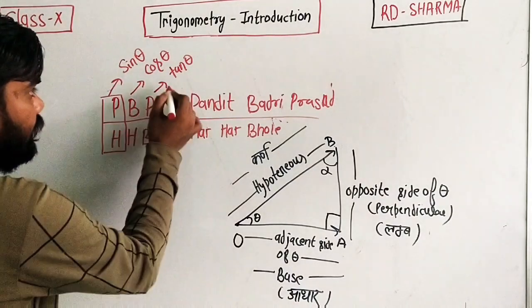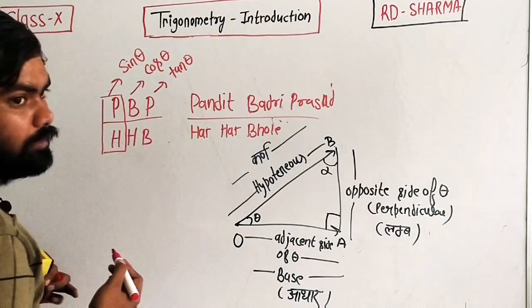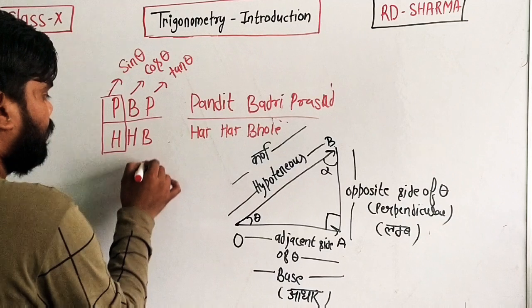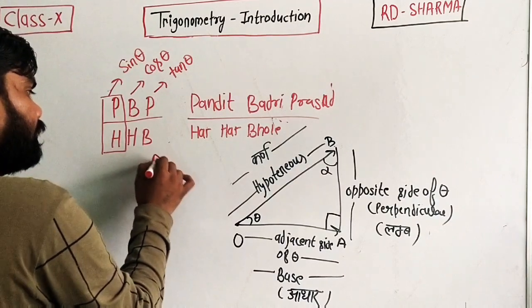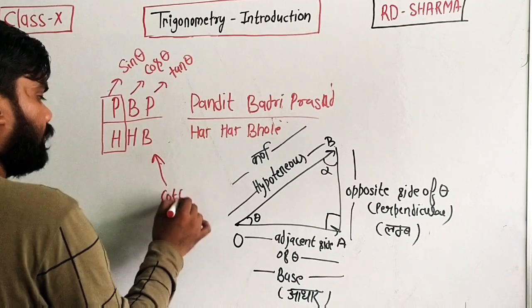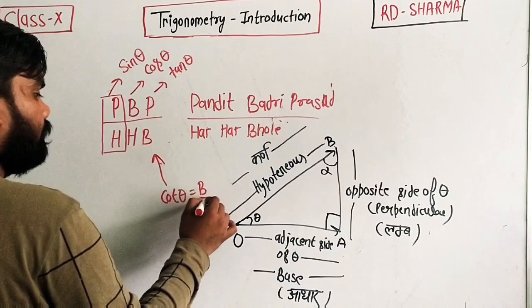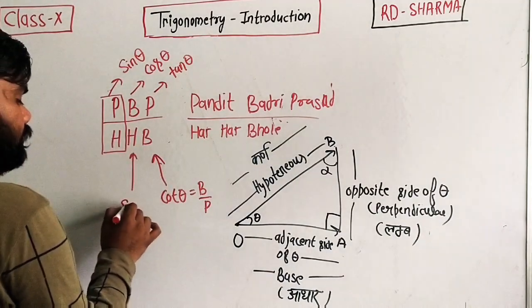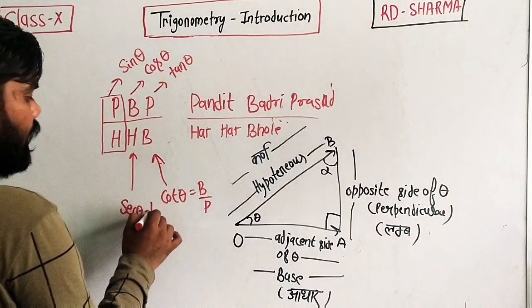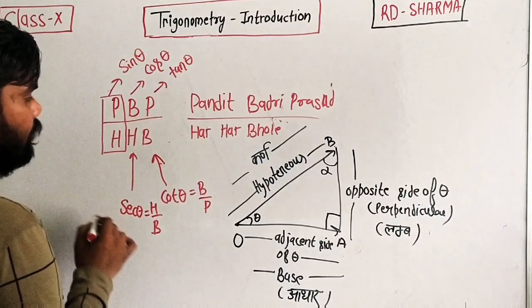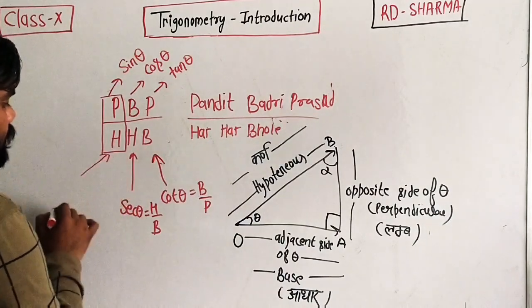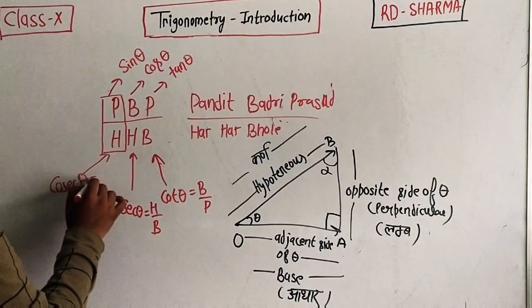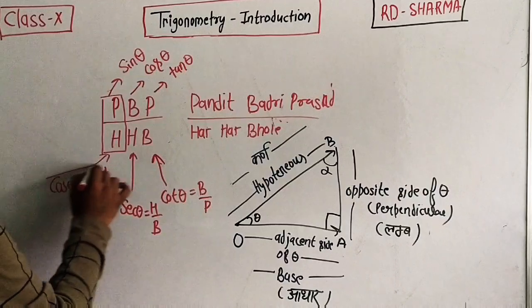Tan theta and cot theta are inverses of each other. If we consider from this side, it is cot theta, which means B upon P. Similarly this is sec theta, which means H upon B, hypotenuse upon base, and this is cosec theta, which means hypotenuse upon perpendicular.